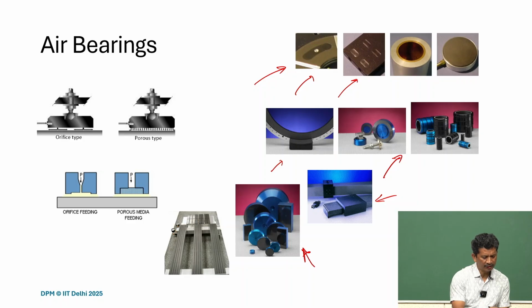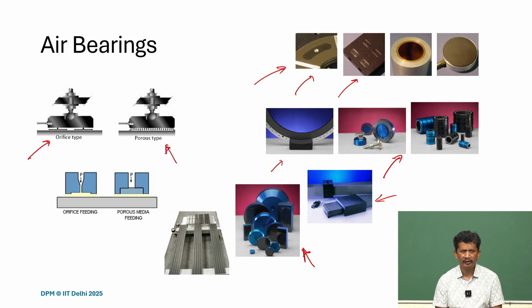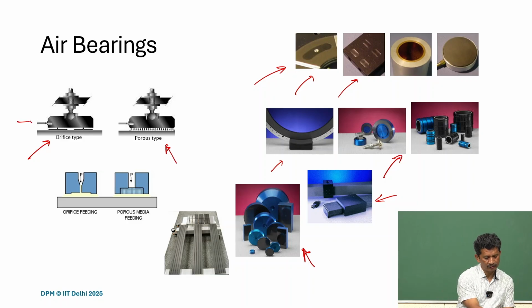So if we broadly classify, we'll find that there are two types of aerostatic bearings. One is orifice type, the other is porous, and what you see usually is pressurized air fed through some inlet, and then it passes through.